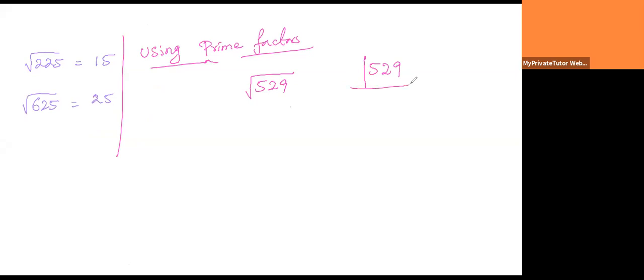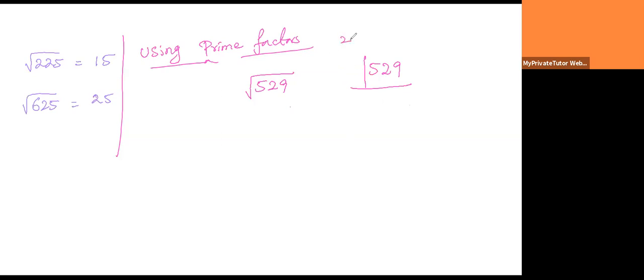We can't divide 529 by 2. So let's try 3. It's not possible to divide by 3. You might try 4. No, 4 is not a prime number.